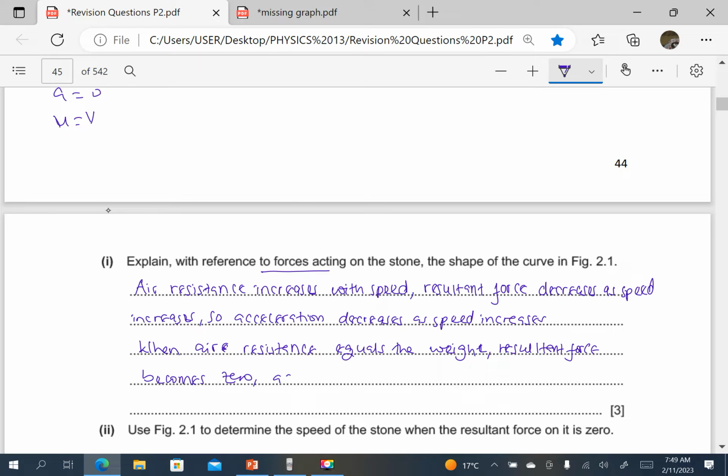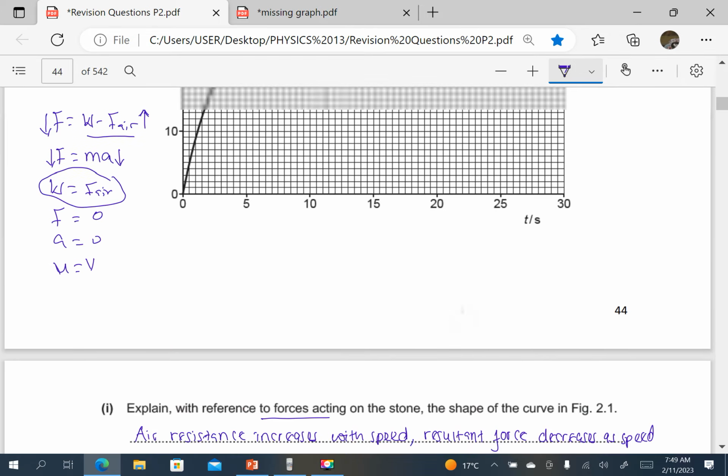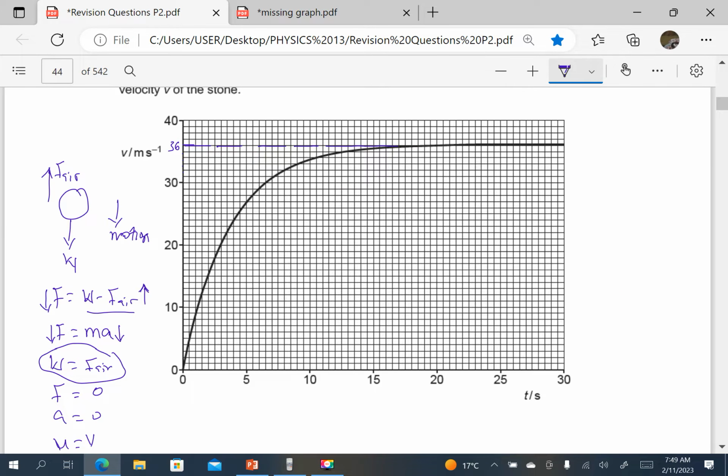The acceleration becomes 0, so the speed remains constant. So scientifically, we say that the body has reached its terminal velocity.